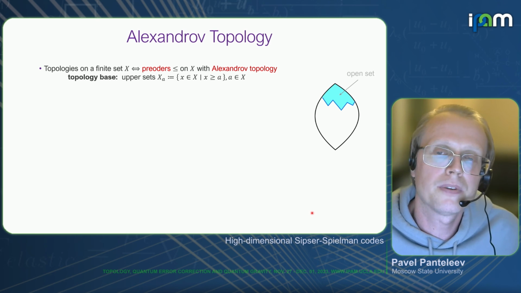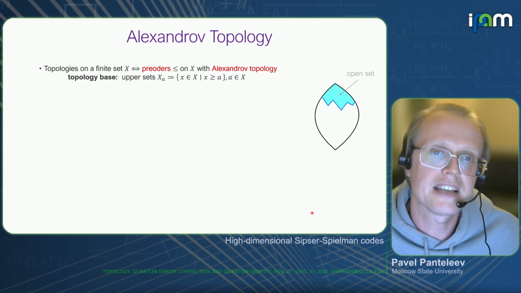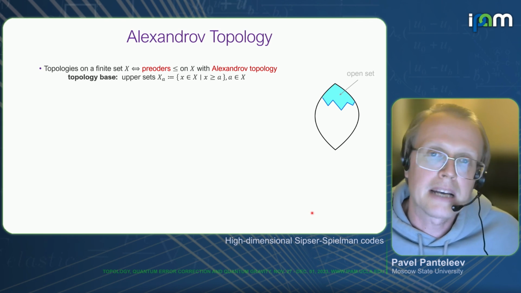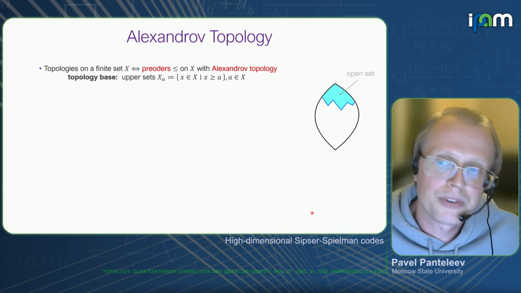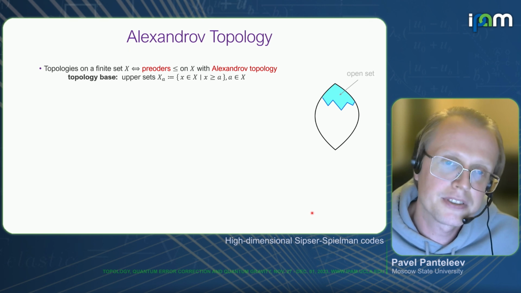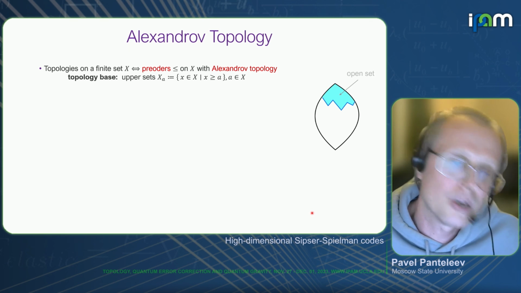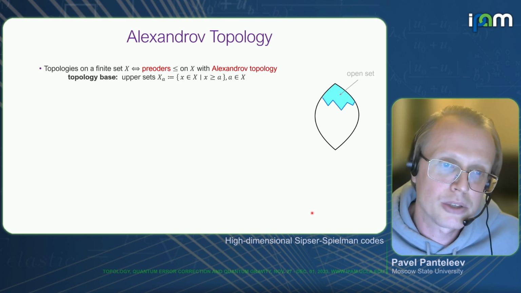So the idea of posets and the idea of considering posets as topological spaces. It turns out that all these constructions can be described as sheaves that are known in topology on finite topological spaces.